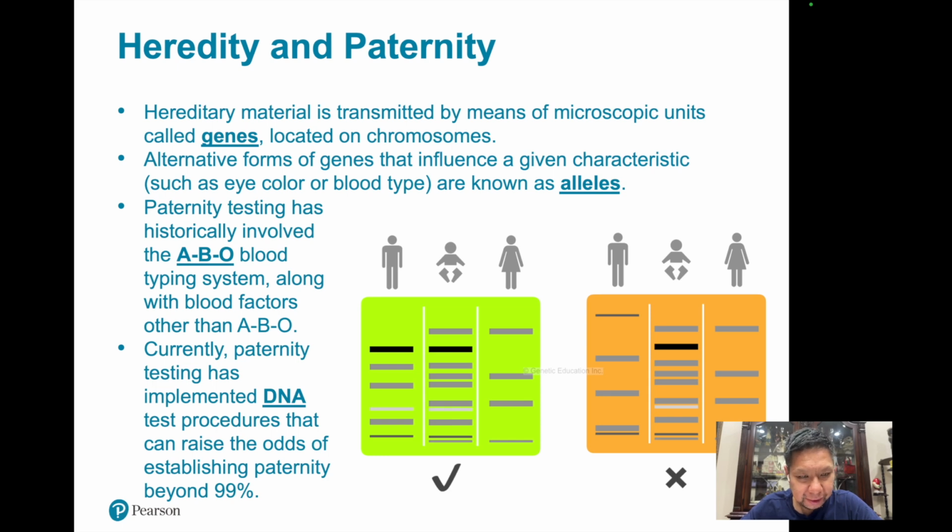So using these alleles, we can actually determine heredity and paternity. If you take a look at the graphic I have right here, the first image of this guy, this male contributor, you see that he has alleles present here, here, here, here, here, and here: a black one, two gray ones, a thin gray one, another gray, and then just a thin black one.